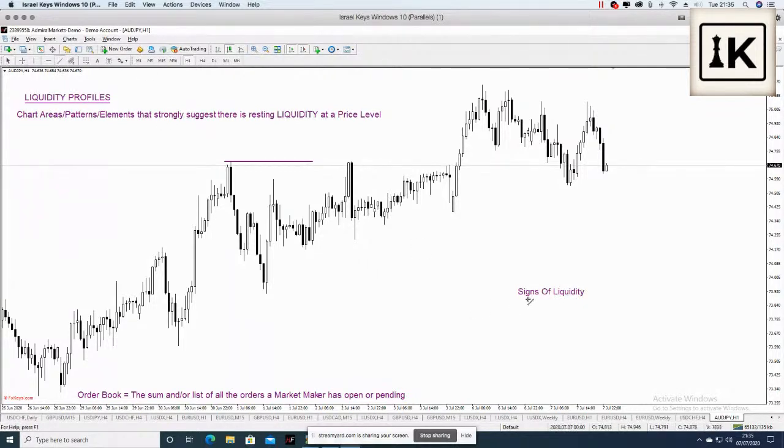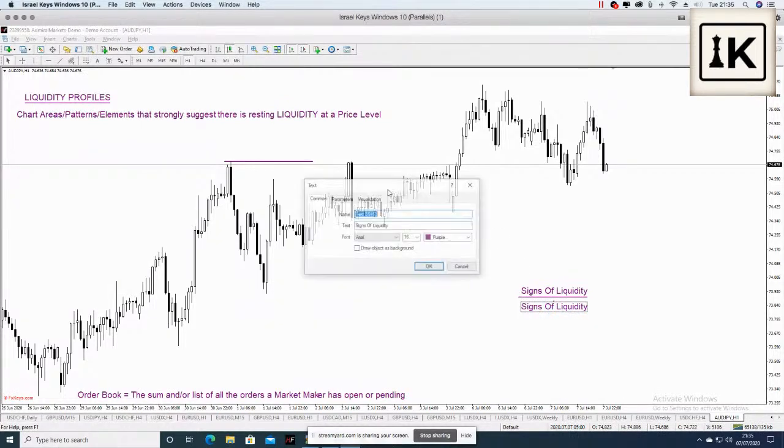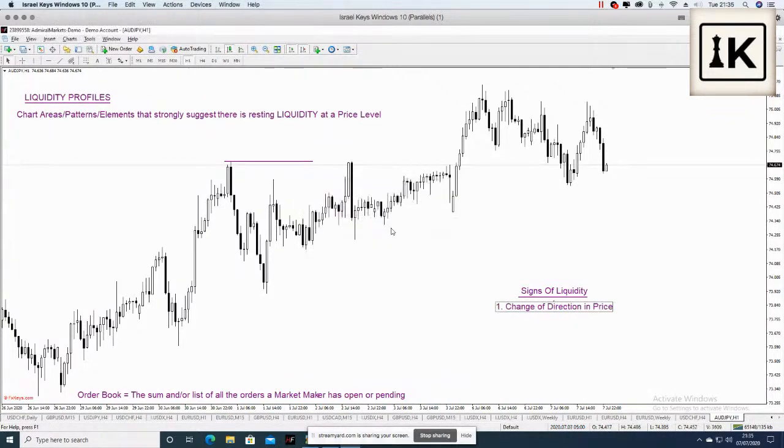Number one, change of direction in price. So if something causes price to move the exact opposite way from where it was moving before, it's a sign that price ran into a liquidity profile.